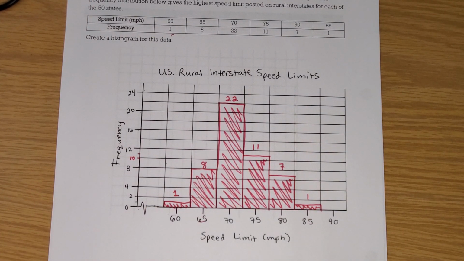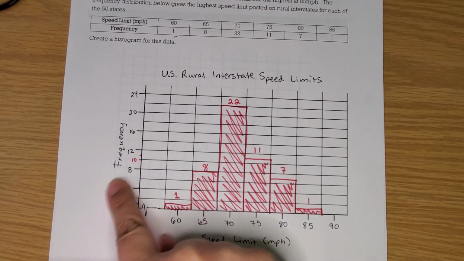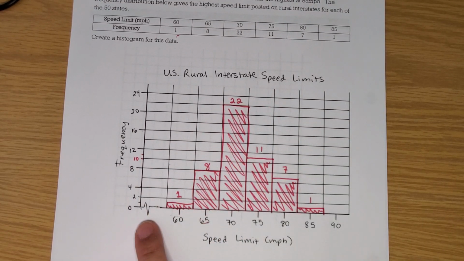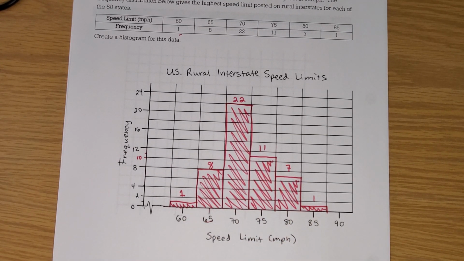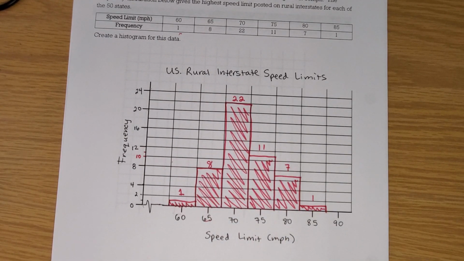Again, those two aspects are optional. However, making sure to label, making sure you have this break, and making sure you do not skip spaces between the bars for your histogram, those are the requirements that we're going to be looking at, in addition to making sure the bars are the correct heights.